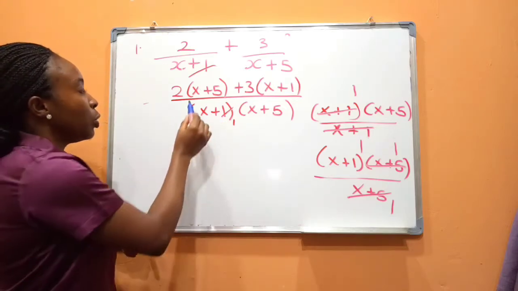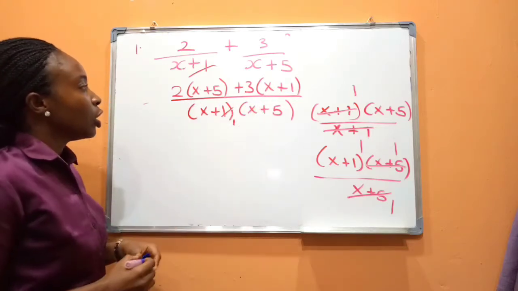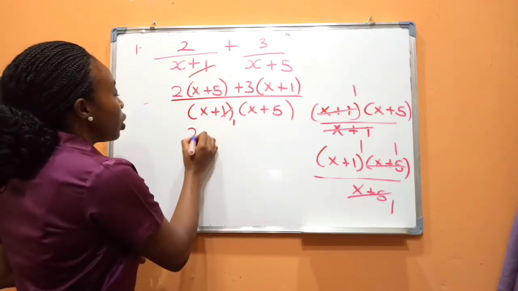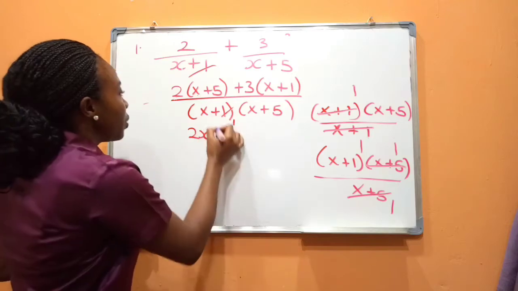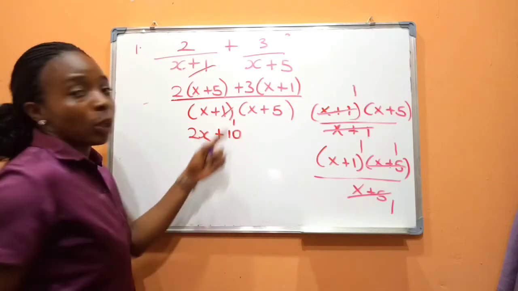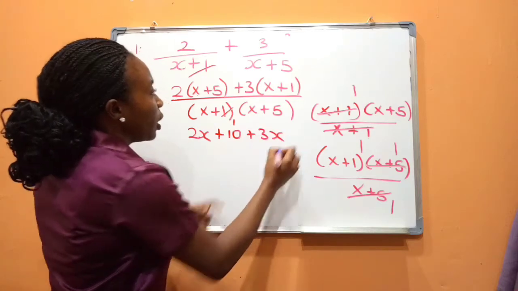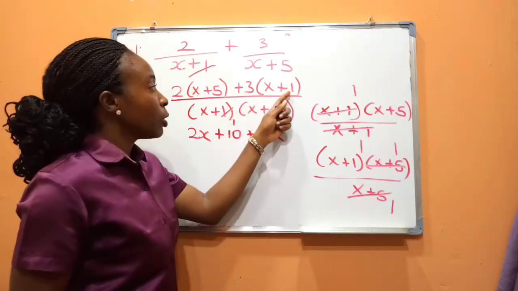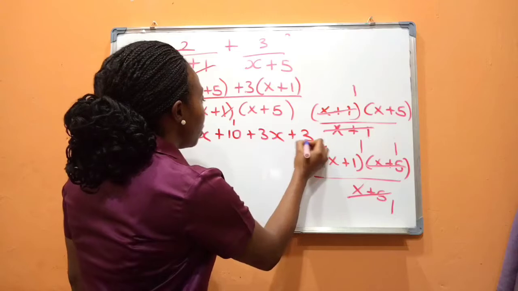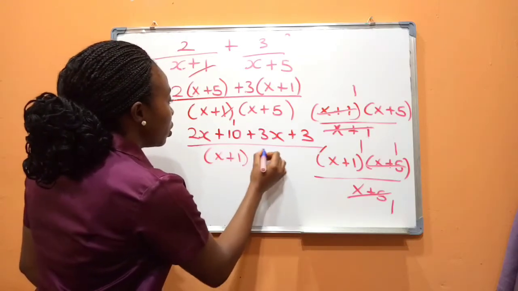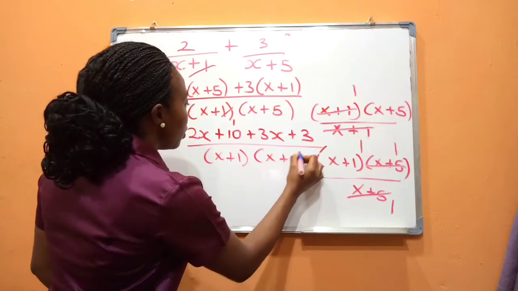The next thing we do is to open up the bracket. So we are going to have 2 times x gives us 2x. Then 2 times 5 gives us plus 10. Then 3 times x gives us plus 3x, and then 3 times 1 gives plus 3, over x plus 1 and x plus 5.